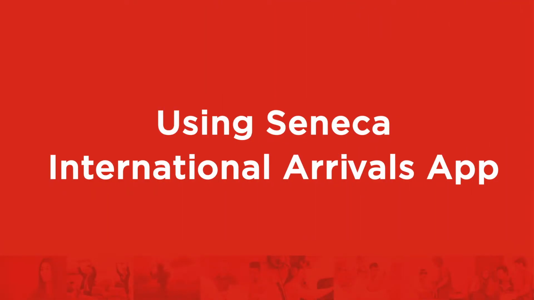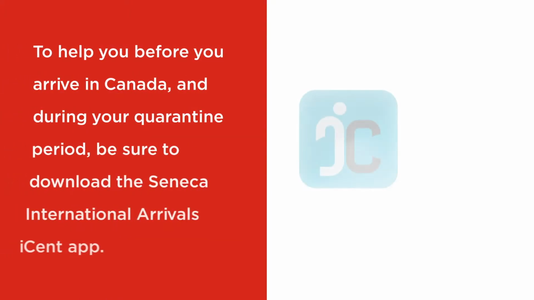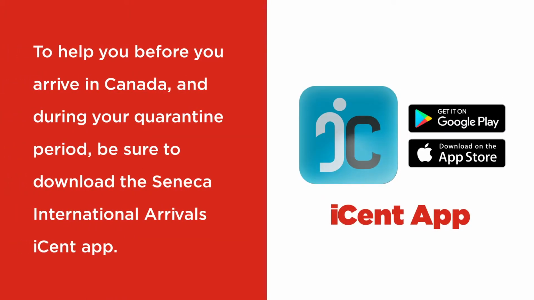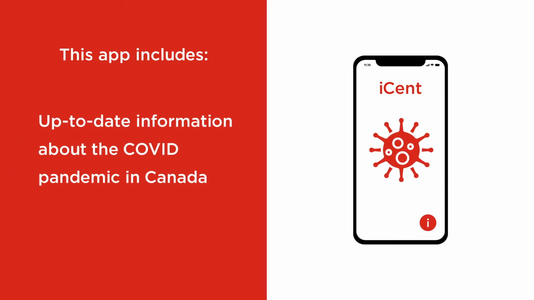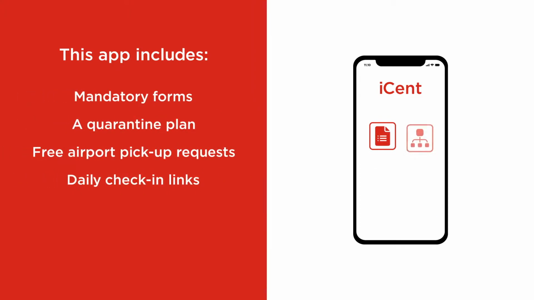Using the Seneca International Arrivals app. To help you before you arrive in Canada and during your quarantine period, be sure to download the Seneca International Arrivals iSend app. This app includes tools for planning your travel, including the pre-arrival checklist, up-to-date information about the COVID pandemic in Canada, mandatory forms, a quarantine plan, free airport pickup requests, and daily check-in links.